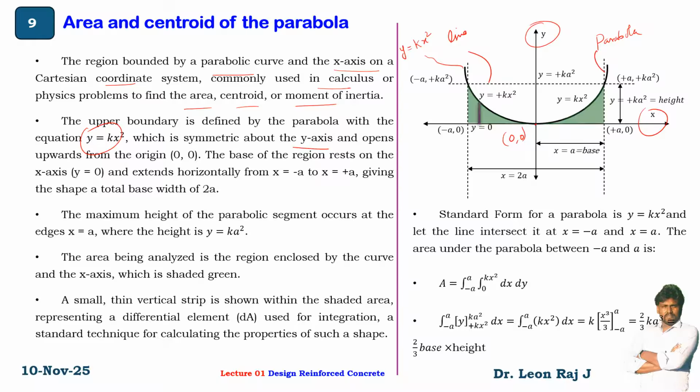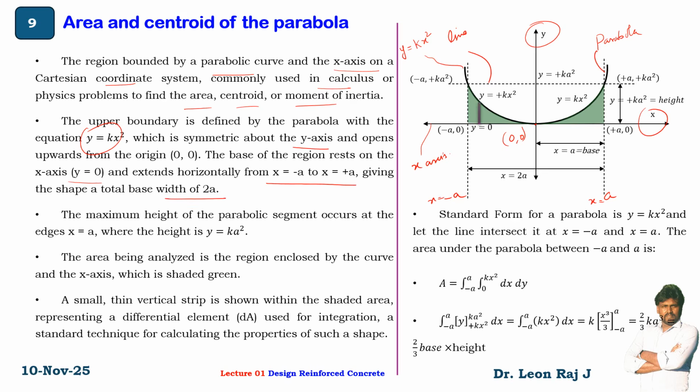The base of the region rests on the x-axis, where y equal to 0, and extends horizontally from minus a to plus a, x equal to minus a and x equal to a, giving a shape of total width 2a.